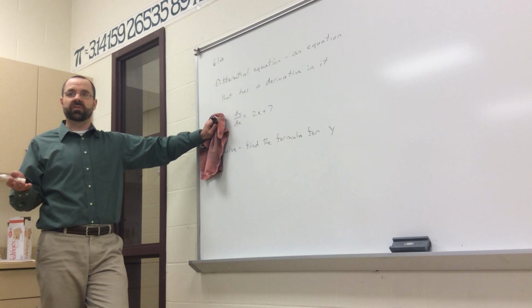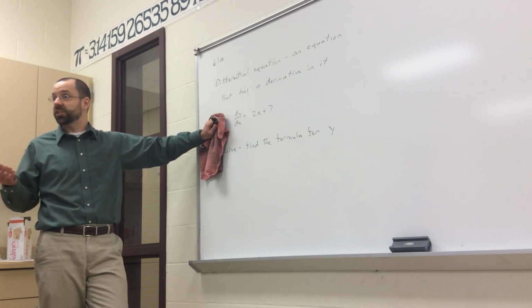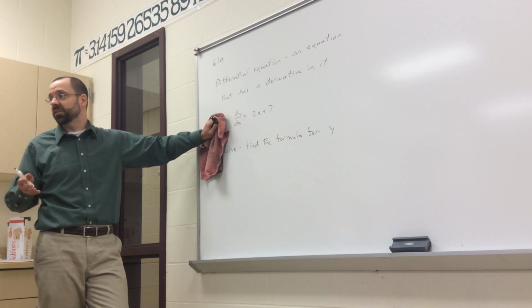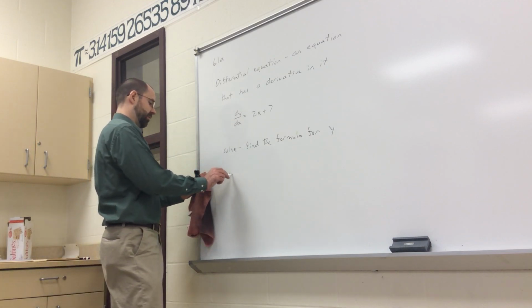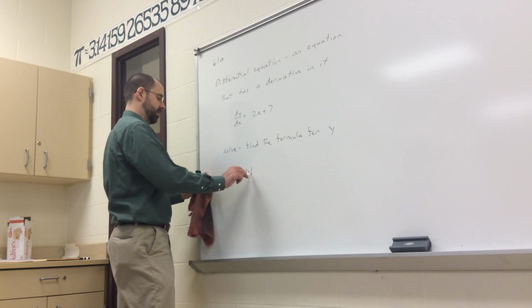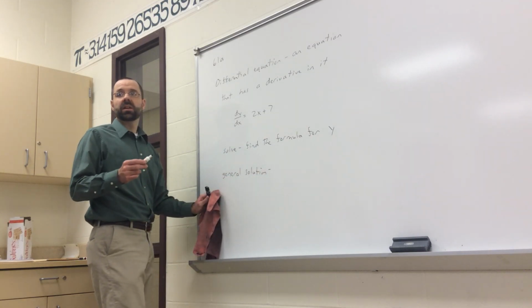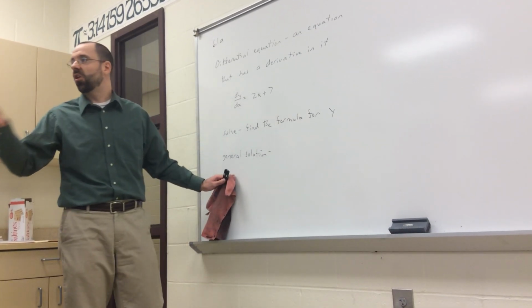So there's a lot of different solutions. If it says solve, there's a lot of possible answers. One answer is y equals x squared plus 7x plus 12. That's a specific solution. But there's something called a general solution, which means it's a formula that represents all the solutions.